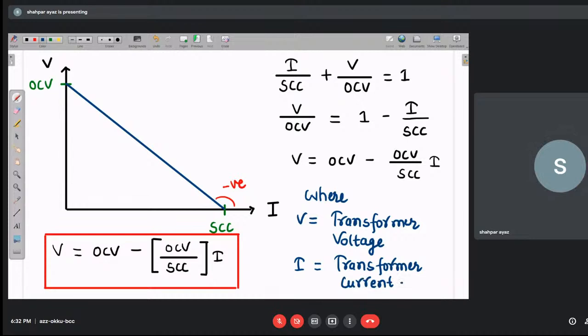Okay, so guys, note down this part. This is the graph of transformer voltage and transformer current. Note down, all of you.